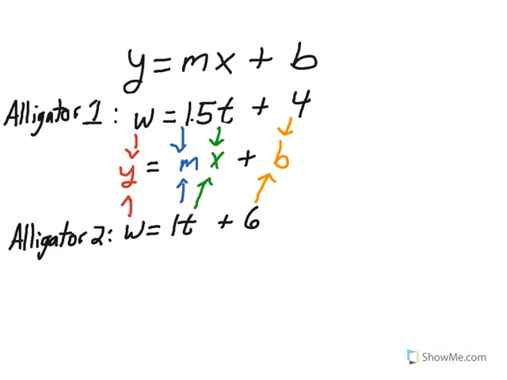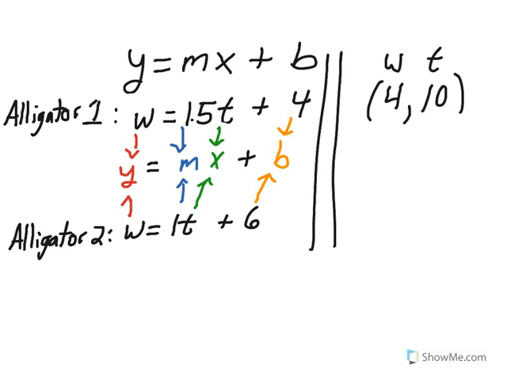Now that we have our two equations, we can graph them on an x and y axis and find their intersection point. Please pause the video and do this in your notes. Great. You can see that they intersect at 4, 10.